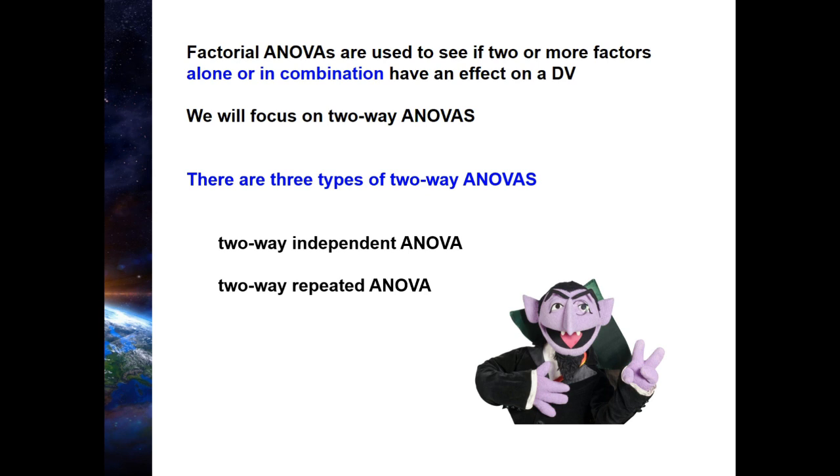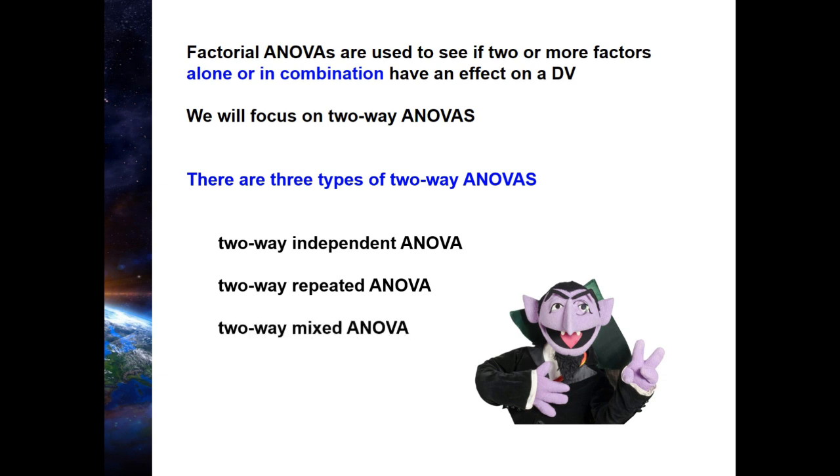Remember that, the matched design, where we have different people in each level of the factor, but they have been paired or matched. So a 2-way repeated ANOVA, in theory, could be both factors are within subjects, both factors are matched subjects, or you could have a mix. So one factor is matched and the other is within.